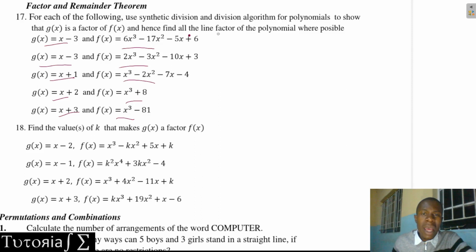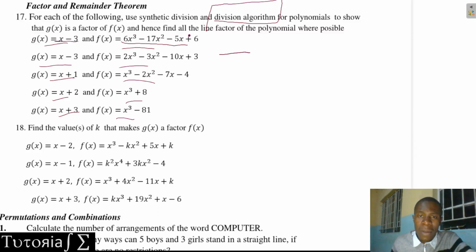We are going to do this first using the division algorithm, which is basically just long division, because we have some ideas on how to use it. If we divide this into this, it should leave no remainder because it is a factor of that. So let's do that.